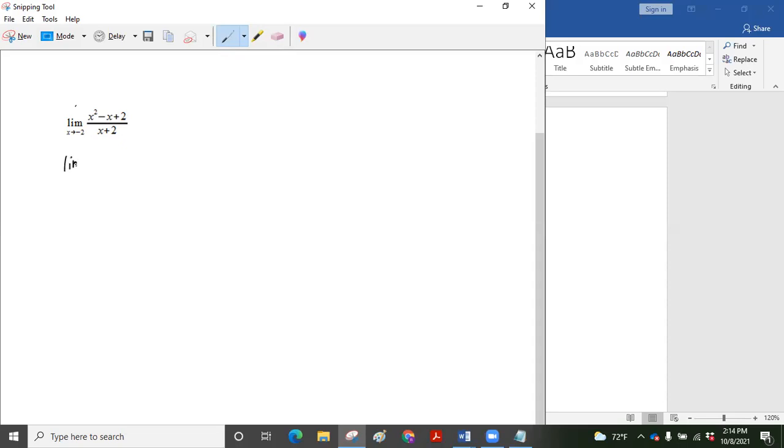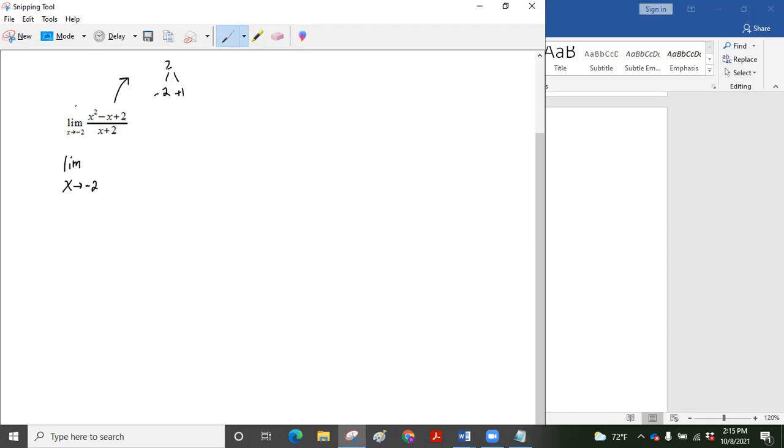So we'll say the limit as x approaches negative 2. And then we'll factor out the numerator. So you're essentially looking for two numbers that multiply to 2 and add to negative 1. That's just 2 and 1.